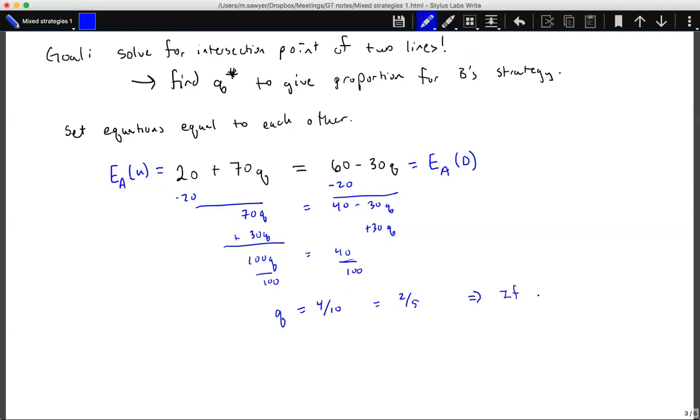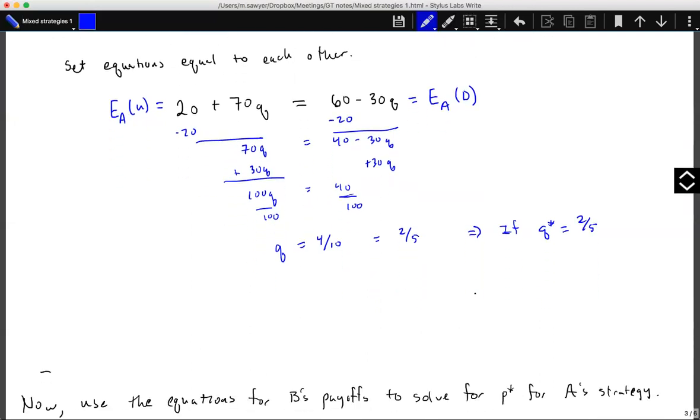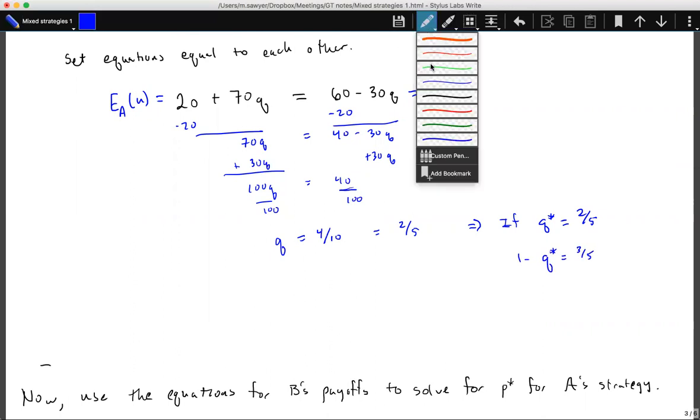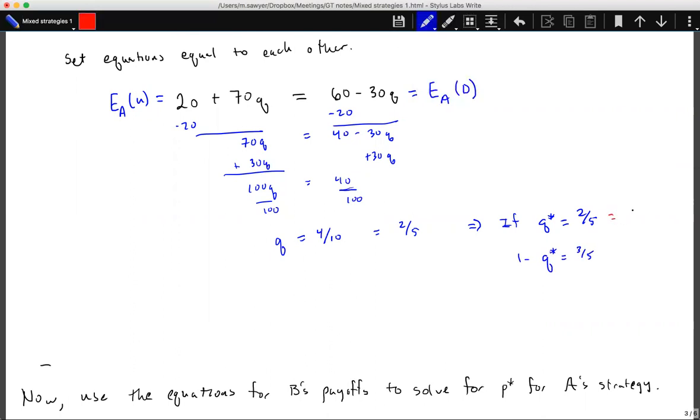So if Q star, this is our special point, equals 2/5, and this means 1 minus Q star equals 3/5, this is our choice for the probability that B chooses left, and this is the probability that B chooses right, then this will be the particular special point where A won't have to make a decision.